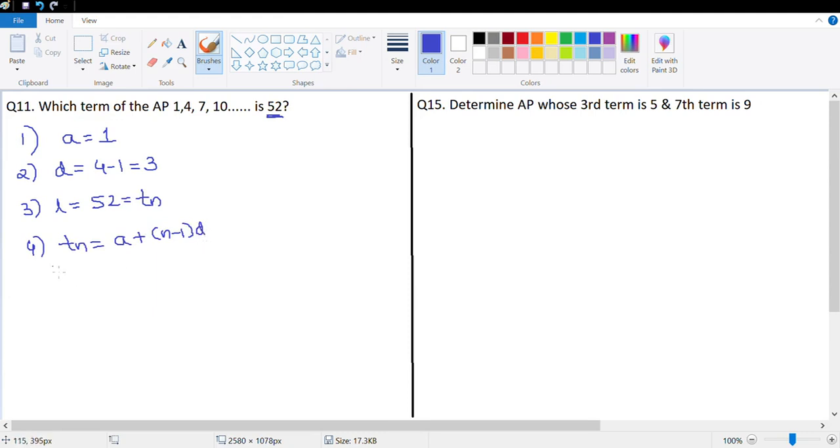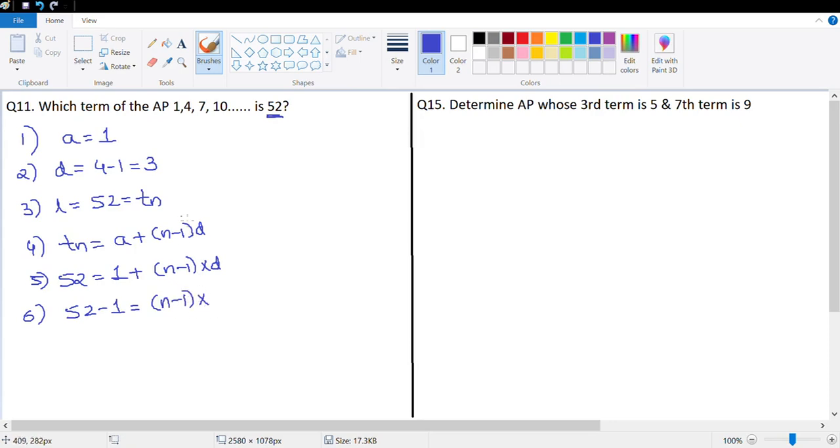Let's substitute values. Nth term is 52. That's equal to A, which is 1, plus n minus 1 times D, which is 3. I have done something wrong. Yes, n is not 52. The nth term is 52. So this should be 52 minus 1 is equal to n minus 1 times D. My mistake.